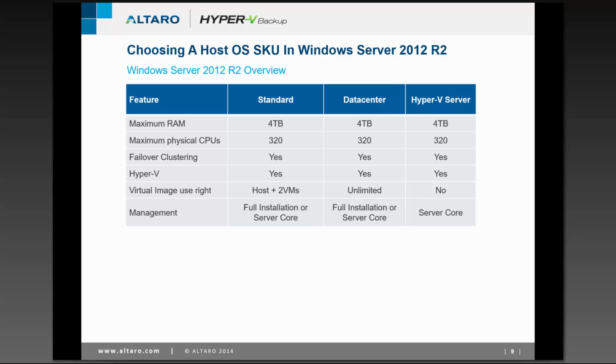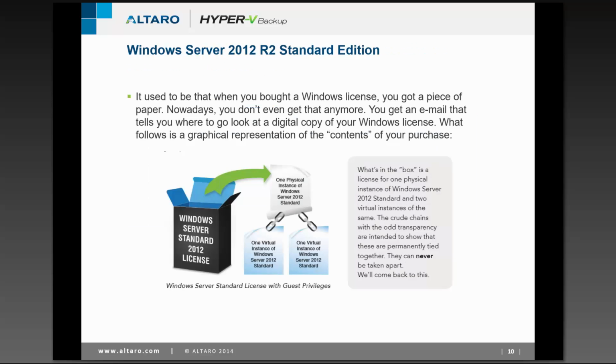So let's have a quick look at the editions here. The interesting part is the licensing part, since this is a licensing webinar. So we will cover Windows Server 2012 R2 Standard and Datacenter. As I said, with Standard, you get the license for 2 virtual instances or 2 virtual guests.